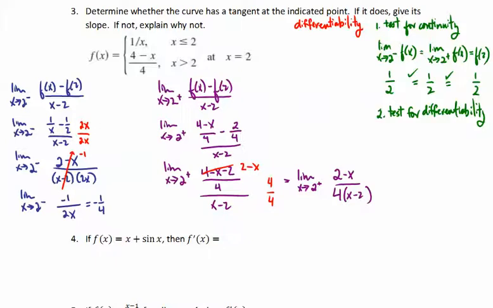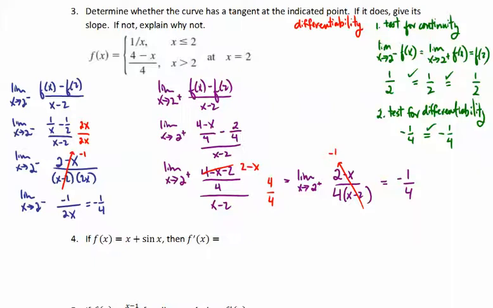And there we get the same negative 1 again when we cancel. And we end up with a limit of negative 1 over 4, which happens to be the same. So negative 1/4 from the left is equal to negative 1/4 from the right, and so we know that the function is going to be differentiable there. We'll stop this video here and go on to the next problem in the next video.